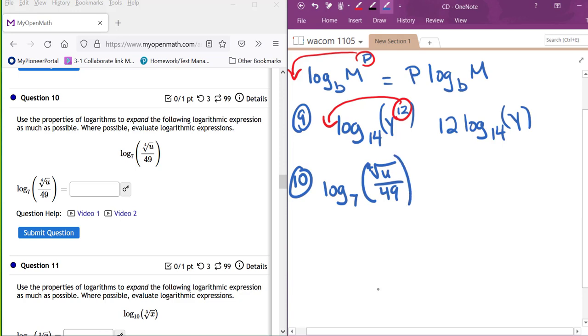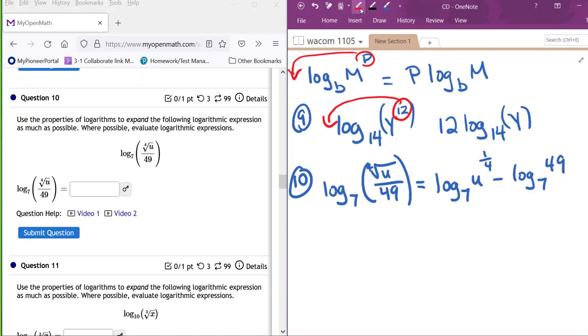So we're going to write this one as subtract because it's a quotient, but I'm also going to rewrite that radical as u to the 1/4. So I have log base 7 of u to the 1/4 minus log base 7 of 49.